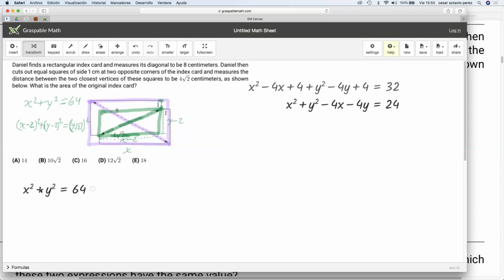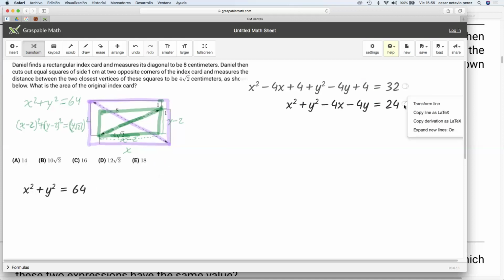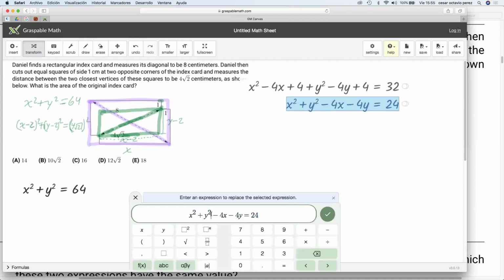And we know that x squared plus y squared equals 64. I need to transform this line.